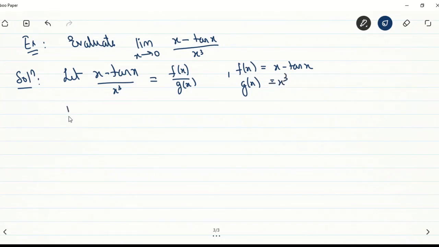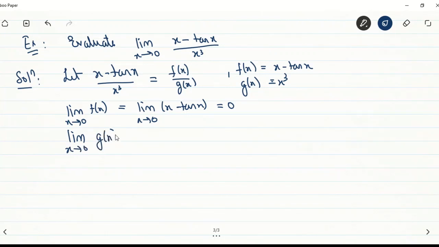We can observe that the limit of f of x as x tends to 0 is the limit of x minus tan x as x tends to 0. This is nothing but 0 minus 0, so that will be 0. We know that tan 0 is 0. Also, the limit as x tends to 0 of g of x is the limit of x cube, which is also 0.